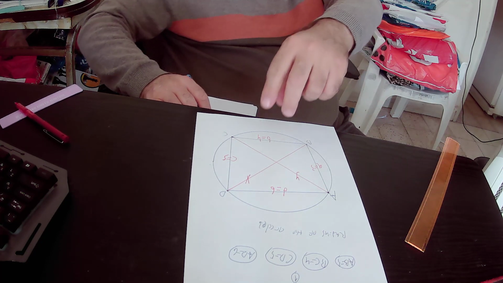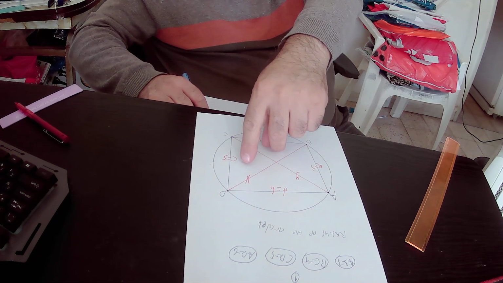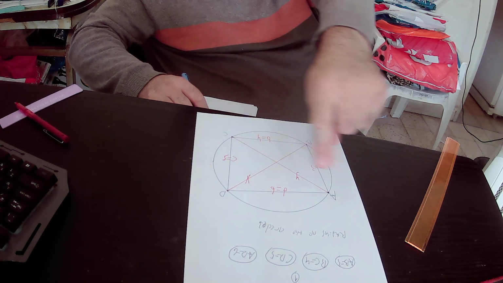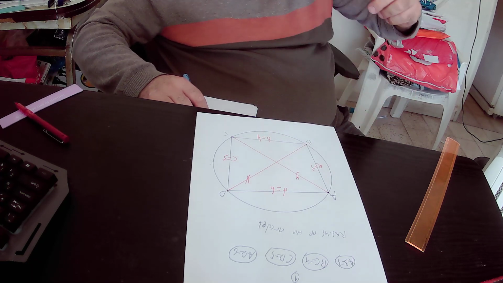As you can see from the drawing, this triangle BDC is inscribed by this blue circle.